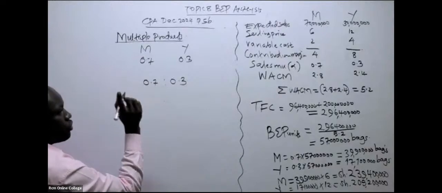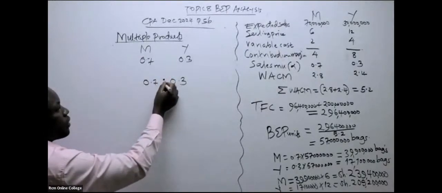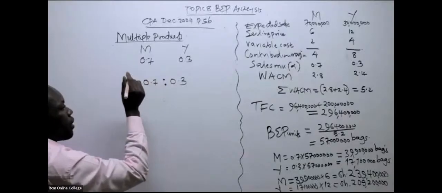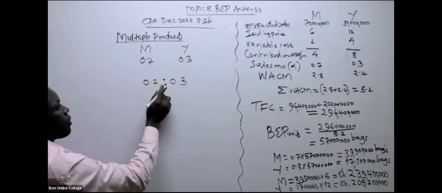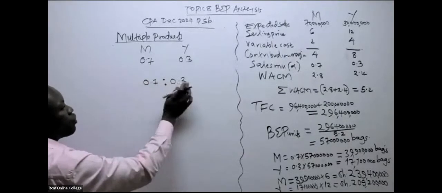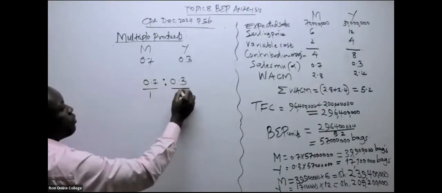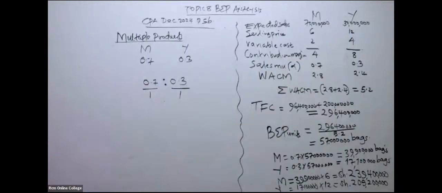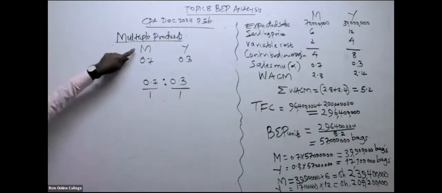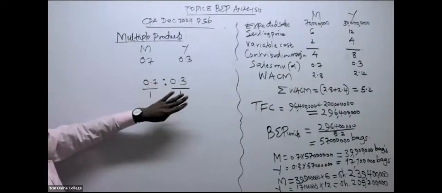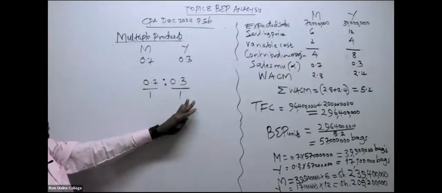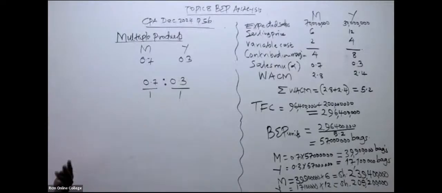For me to convert this to a fraction, add the 2. When you add the 2, it will be over 1, right? So it means this will be 0.7 over 1, 0.3 over 1. That's how we deal with it. Or 7 over 10, 3 over 10.